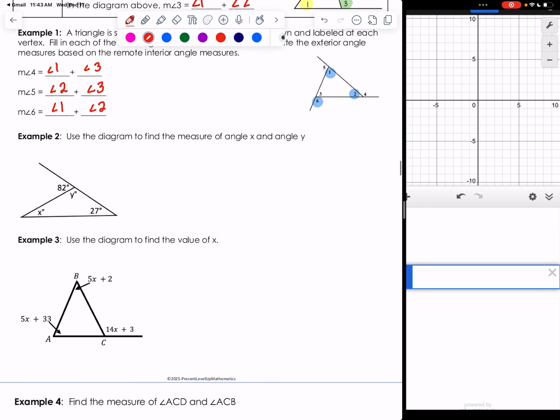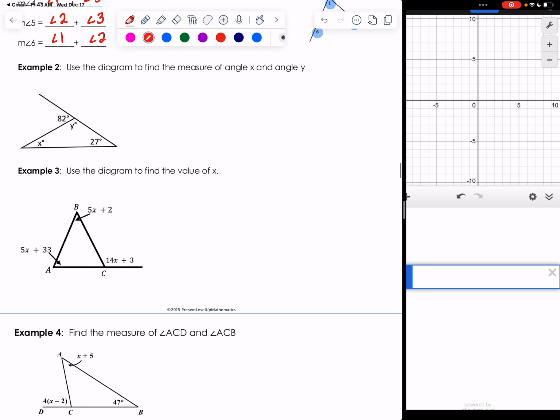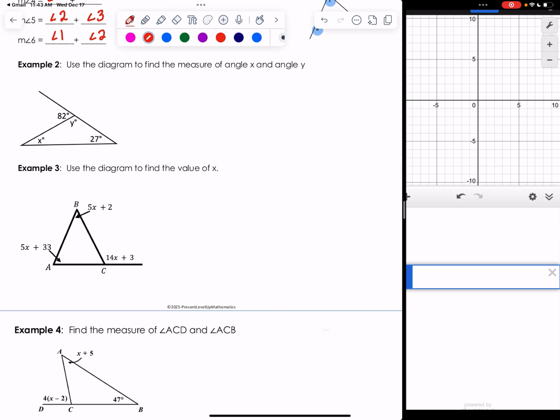Example 2. Use the diagram to find the measure of angle X and angle Y. All we know is the measure of this exterior angle here, and one of the angles inside the triangle. This exterior angle would match up with X and 27.